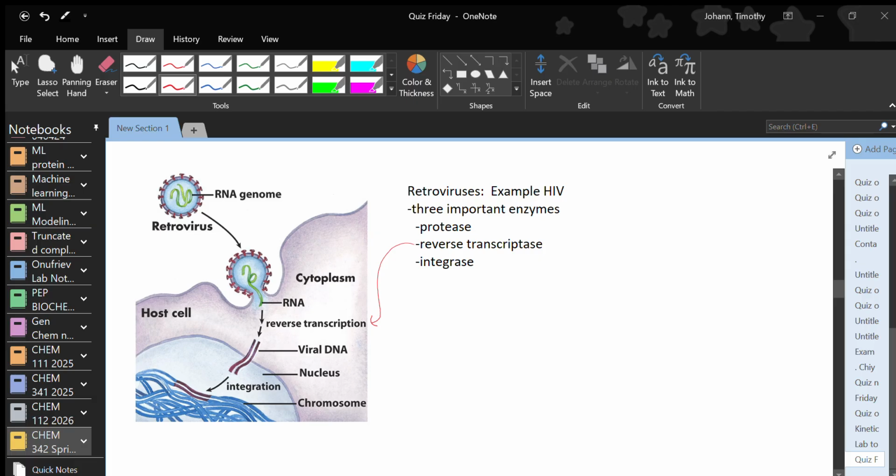And you'll see we have multiple steps here. We're going to talk about that in detail, but that enzyme has 3 different functions. It's going to take that RNA, which is single-stranded, to a double-stranded DNA.